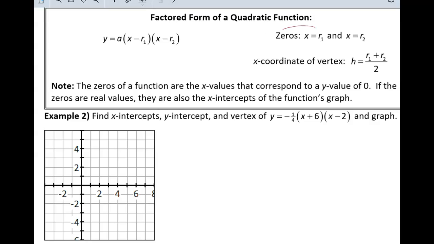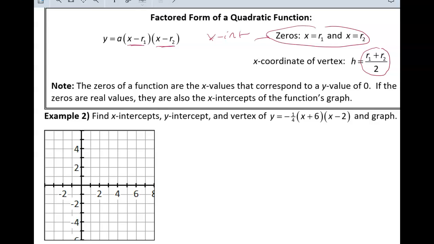And when it's in factored form, you can see both of those. Since a parabola is symmetric, if I average together those two values that are the zeros, or the x-intercepts, of the parabola, then we're going to get the x-coordinate of the vertex, which we knew as h in the vertex form.